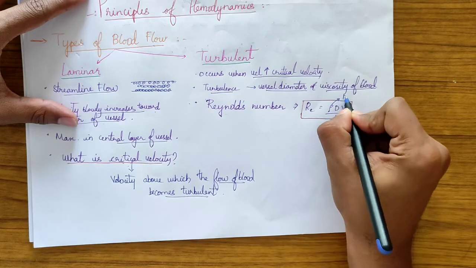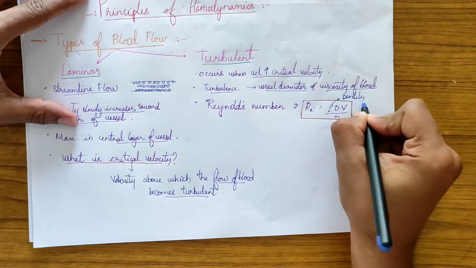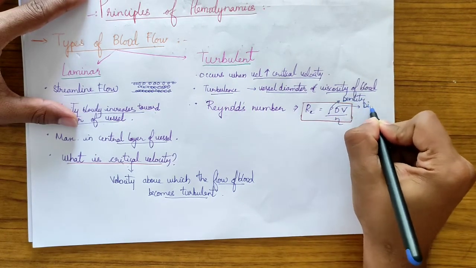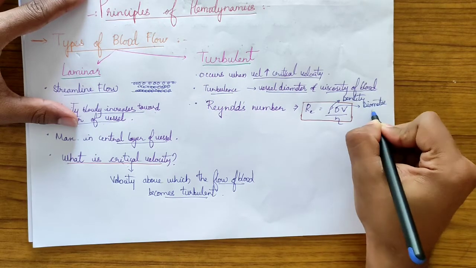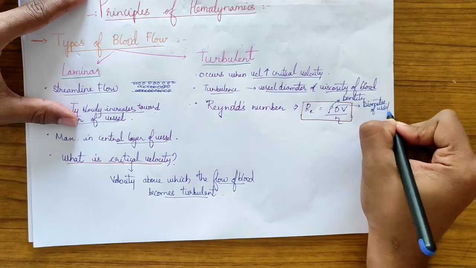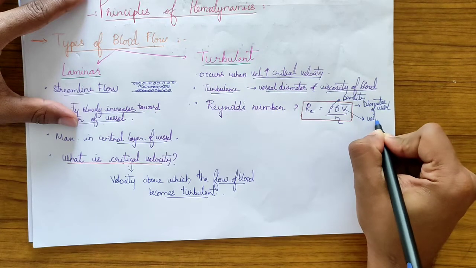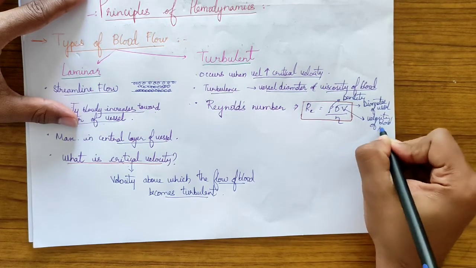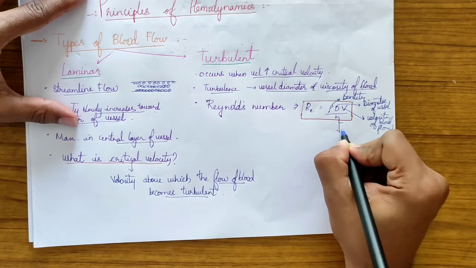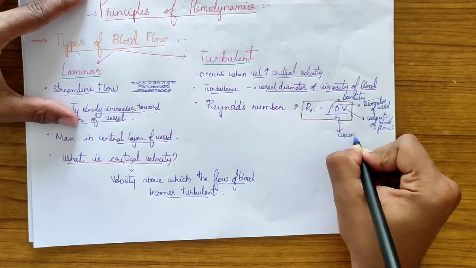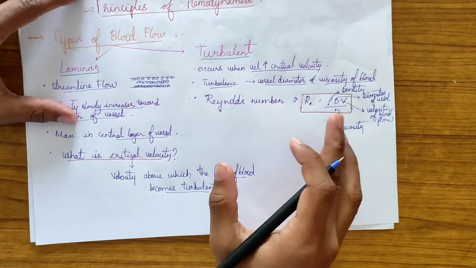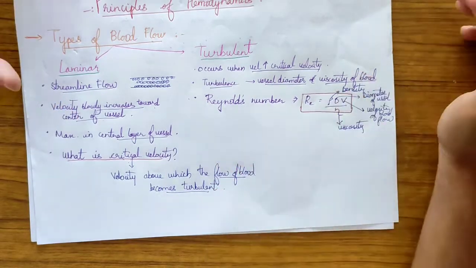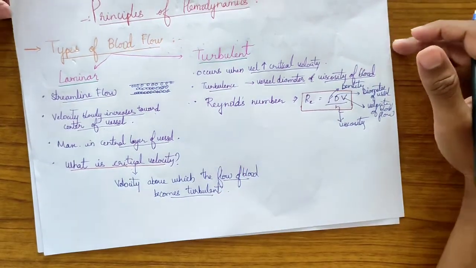Here this means density, diameter of vessel, velocity of flow, velocity of blood flow, and this is the viscosity. So Reynolds number is nothing but the probability of whether the flow will become turbulent or laminar.